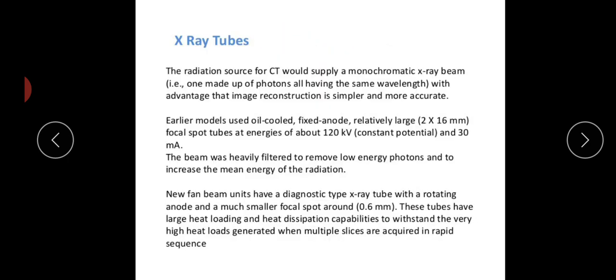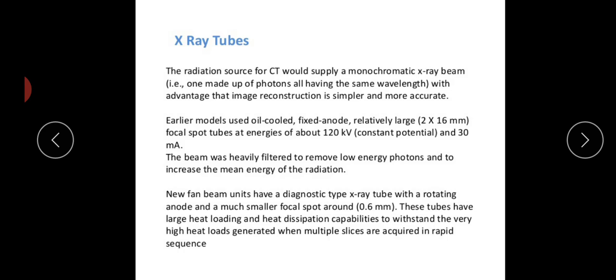X-ray tubes. The radiation source for CT would ideally supply a monochromatic X-ray beam, with the advantage that the image reconstruction is simpler and more accurate. Earlier models used oil-cooled fixed anode, relatively large focal spot tubes at energies of about 120 kV and 30 mA. The beam was heavily filtered to remove low energy photons and to increase the mean energy of the radiation.